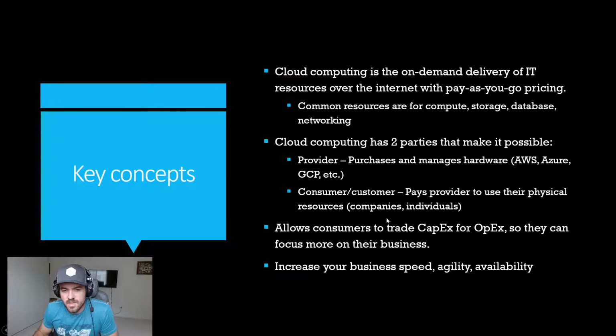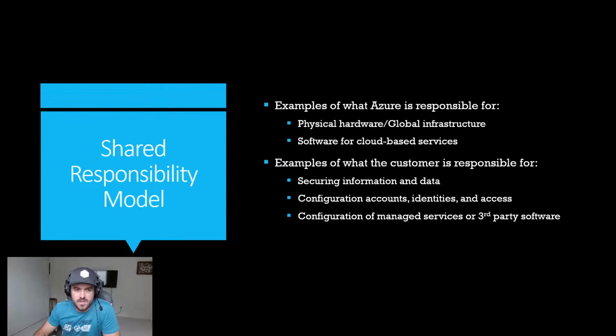You can just pay as you go, or reserve capacity, there are many different purchase options. But it's much more flexible than purchasing your own servers and hoping you got enough, or hoping you don't get too much and waste a bunch of money. It also increases your business speed, agility, and availability for multiple reasons that we will get into throughout this guide.